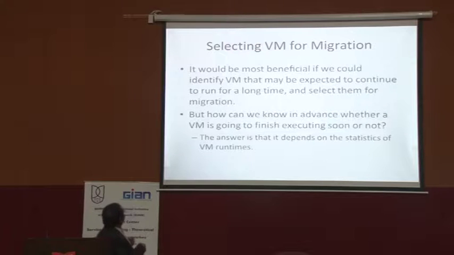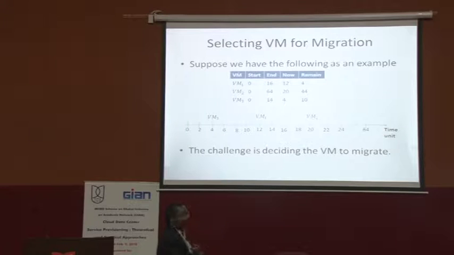Load balancing, okay. It would be most beneficial if we could identify which virtual machines may be expected to continue to run, which one will run, which one will move, and select them for migration. But how can we know in advance whether a virtual machine is going to finish executing soon or not? The other thing is that I have 3 processes. One is almost about to finish, one is in the middle, and one has really just started.